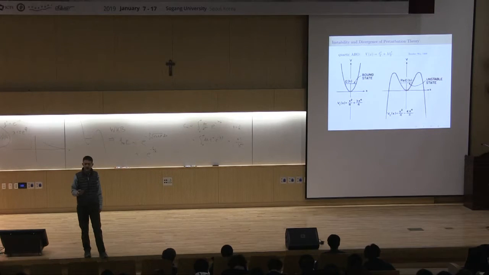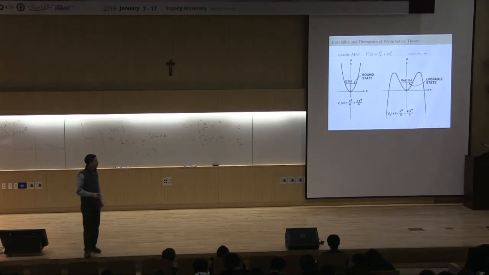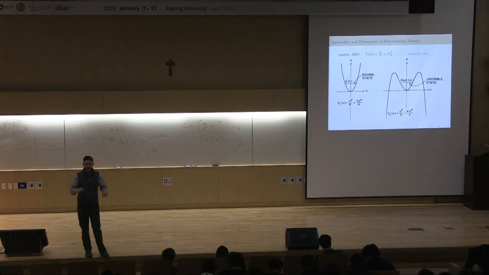So if you're just doing perturbation theory around here or here, perturbation theory couldn't care less what the sign of lambda is. Okay? There's no difference from the point of view of perturbation theory. But I think we all agree that if lambda is negative, there must be an imaginary part here, because it must tunnel.